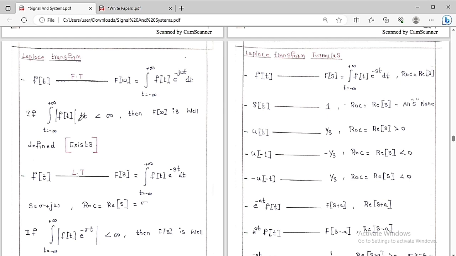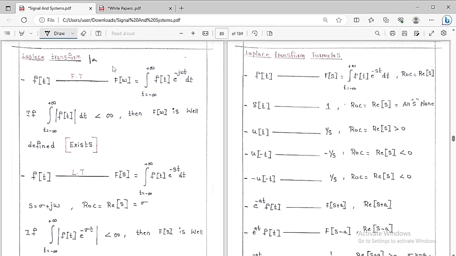This point I have already told you, why it is like this. If you take the overall magnitude, see what I am trying to tell you: the magnitude of A into B is nothing but the magnitude of A into the magnitude of B. Here A is f of t and B is e to the power of minus j omega t.